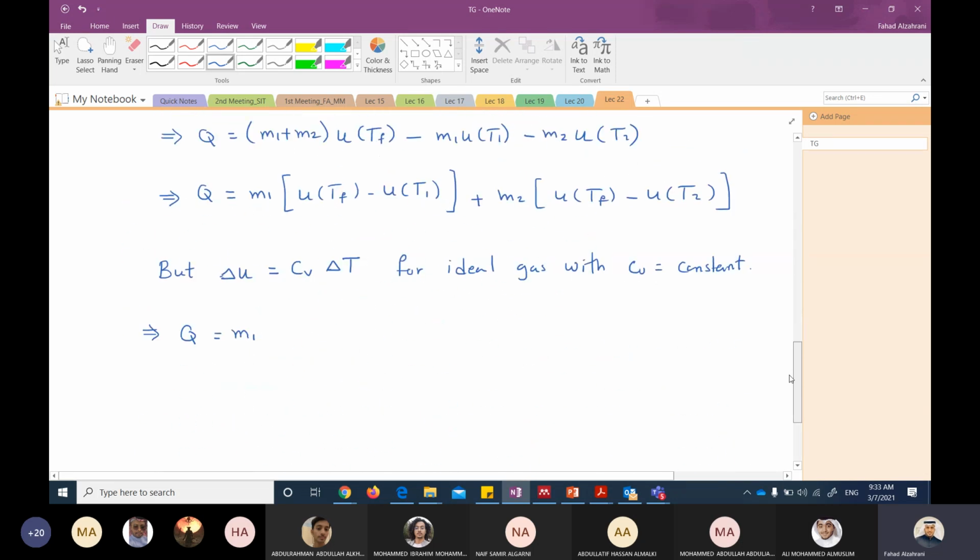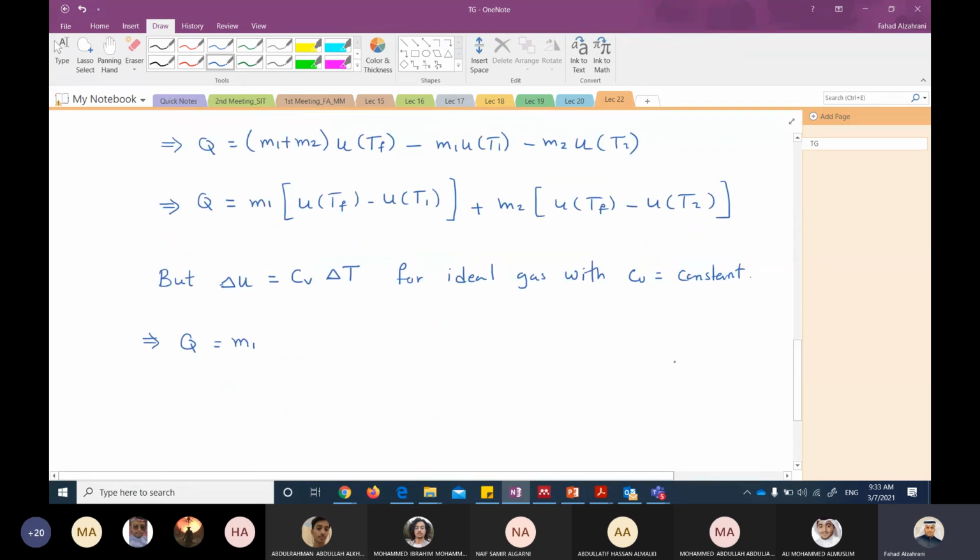So the CV is an average CV between 300 Kelvin and 350 Kelvin. So this is CV average times T final minus T1, plus M2 CV average times T final minus T2.